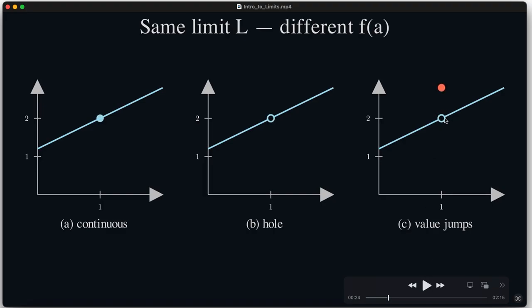Notice that there's not only a hole there, but the function is actually defined there, but the function's value is different from the hole. So the value jumps. But even in this case, notice when x approaches 1, the limit still approaches 2. So in all three cases, the limit is 2, even though all three cases are slightly different.